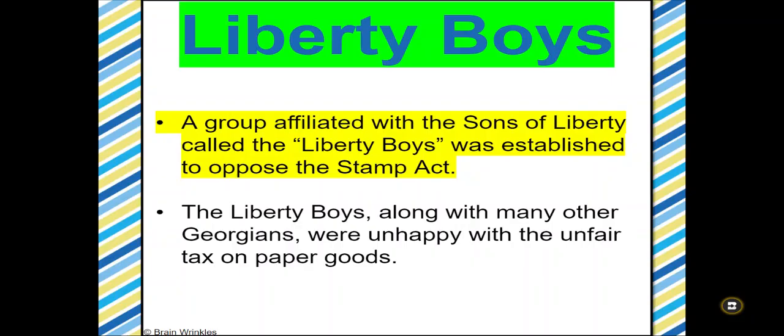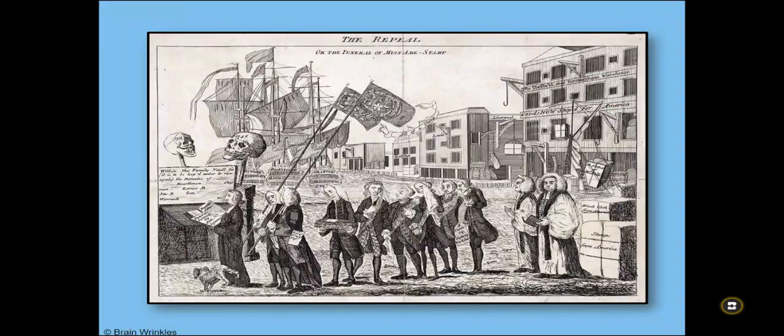The Liberty Boys were basically a bunch of men who came together and said, we're going to raise all kinds of trouble to oppose the Stamp Act, which is what they did. This is what the Liberty Boys looked like back in that time. They were just a more organized way of opposing. They still went out, did protests, and had meetings saying this is not fair, we should say something about it, let's do something about it.